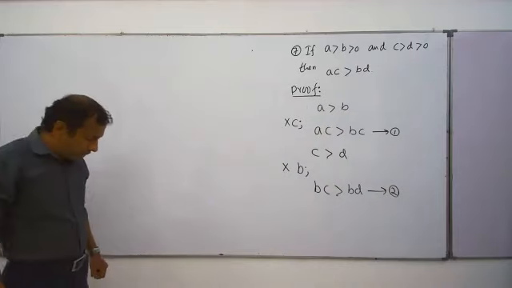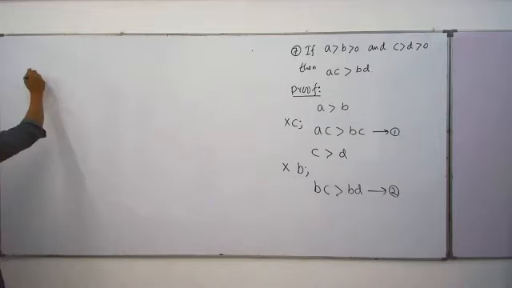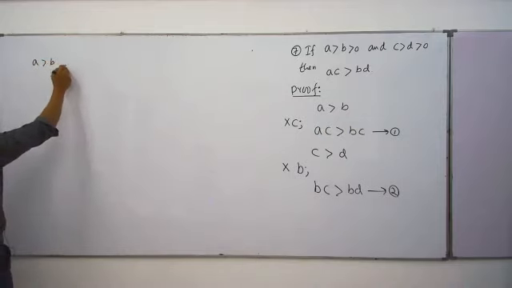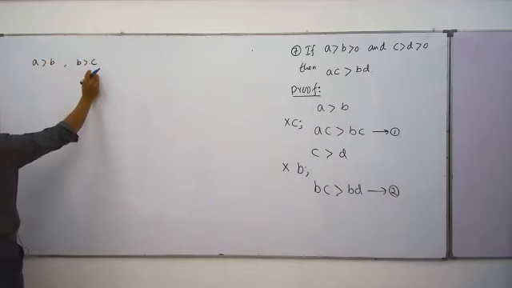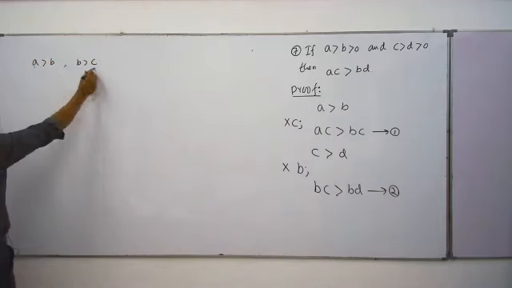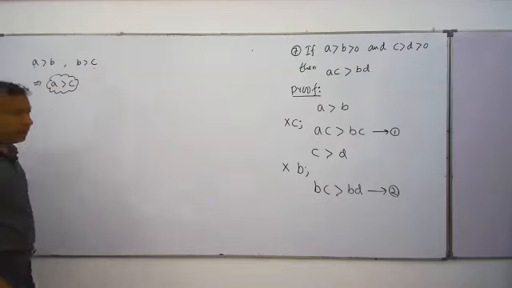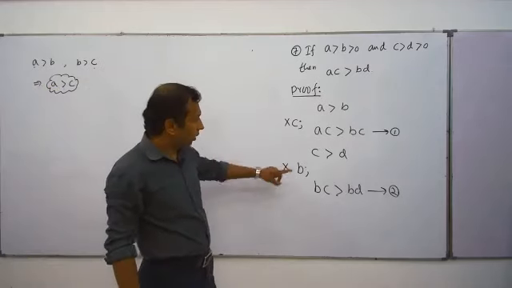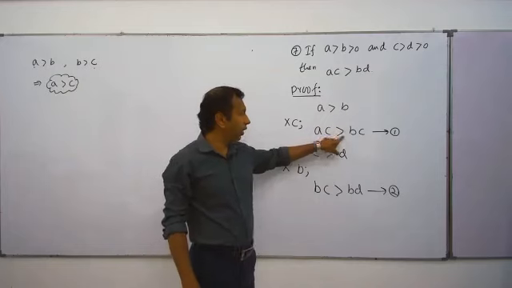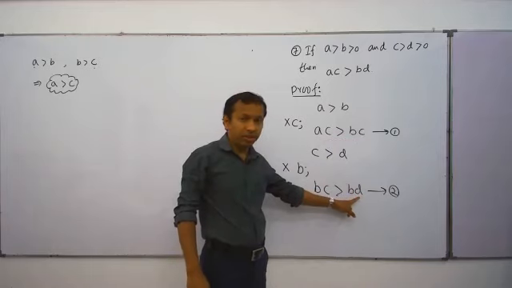Remember we proved something like this: A greater than B, B greater than C, and there we said A greater than C. Similarly, here we have AC greater than BC, and BC is greater than BD. So AC is greater than BC, and BC is greater than BD.